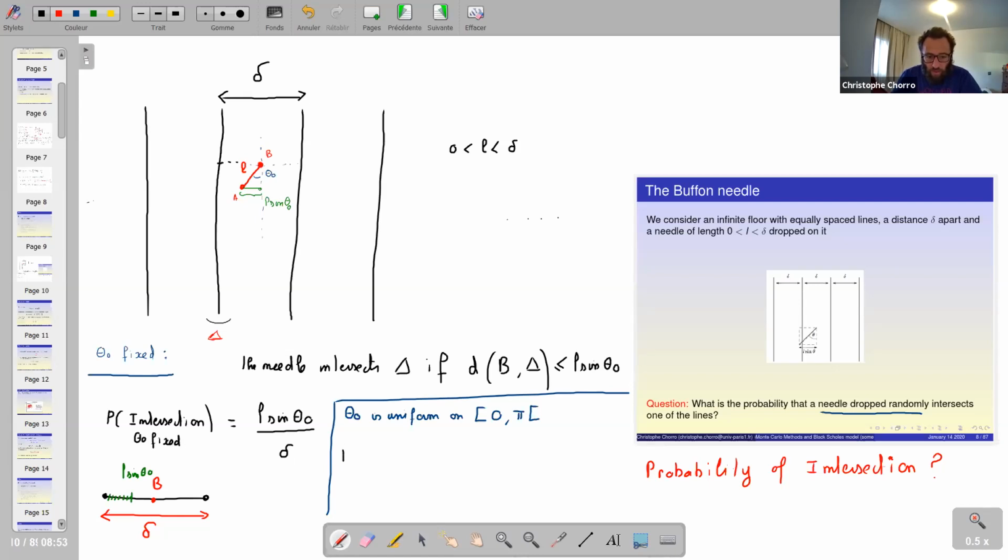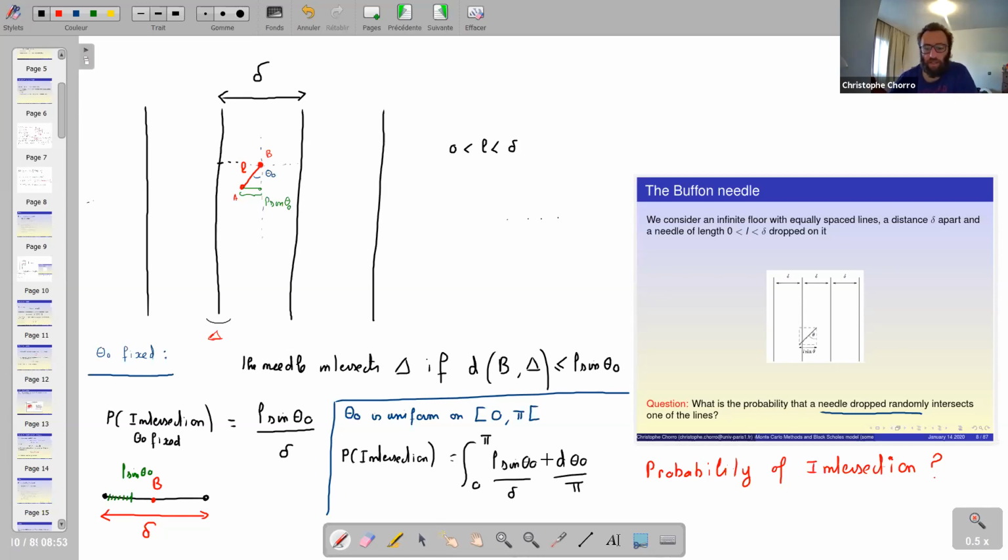If I want the probability of intersection, I have to integrate this probability with respect to the uniform measure on 0 pi. That is to compute this integral.